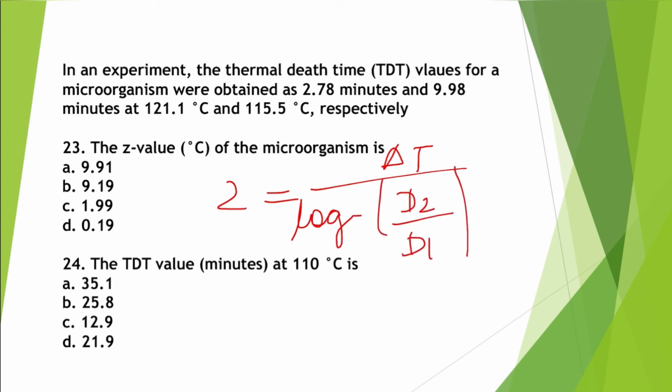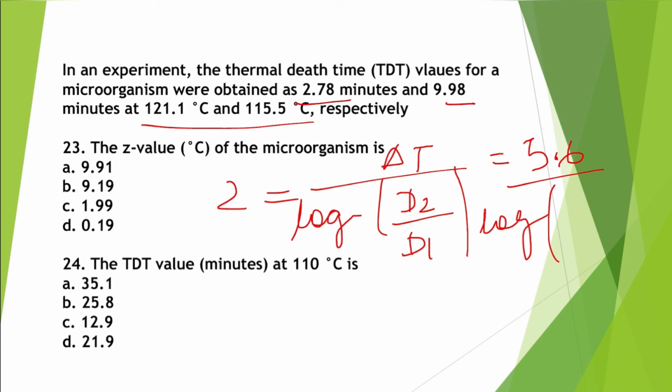Delta T is 5.6 here, so 5.6 upon log D2 minus D1. D2 is 9.98 and D1 is 2.78. So 9.98 upon 2.78. After calculating it, you will get the answer, that is 9.91.